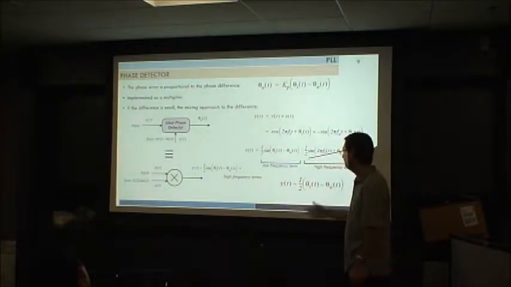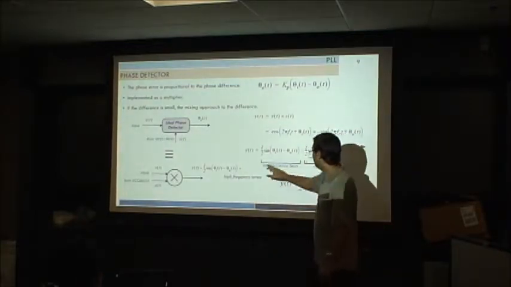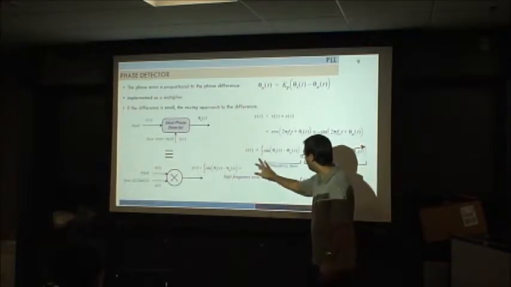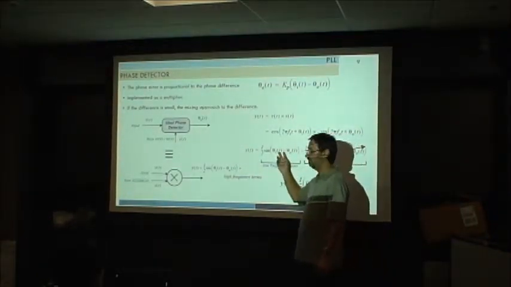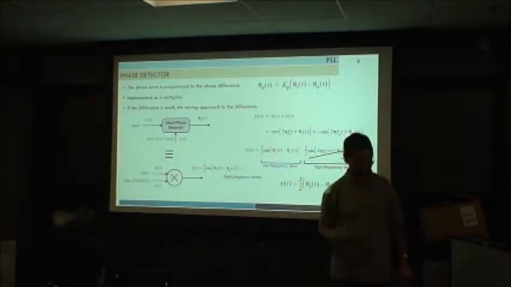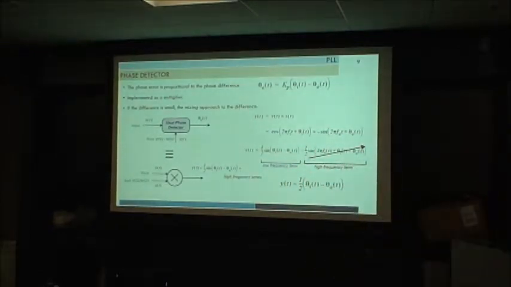This is trigonometry. So at the output, we will have this, always if this difference is small. And of course, when the PLL is locked, that difference is always small.